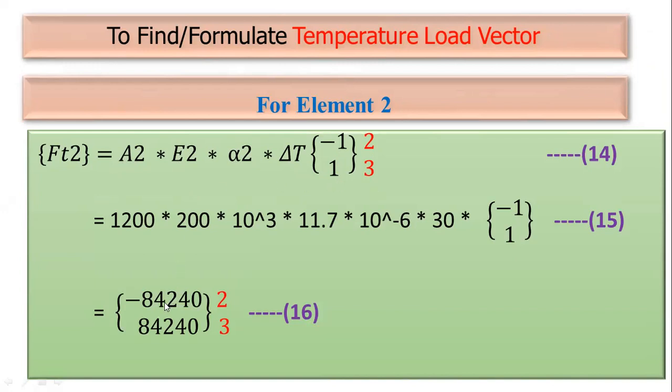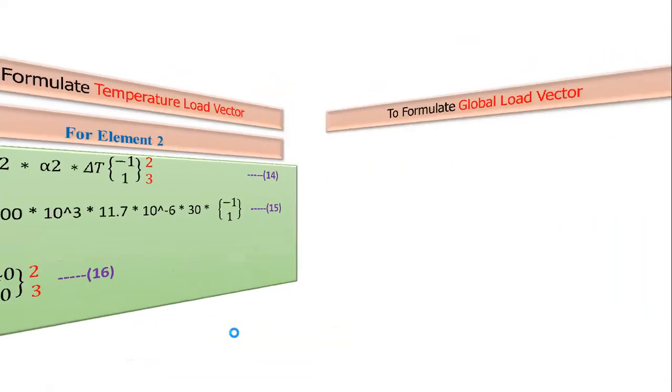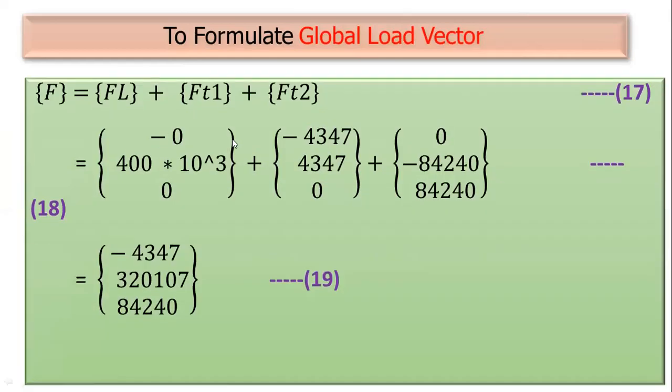After simplifying, we'll get -84240 for the second node, and 84240 for the third node. So actually there are two values for node 2, 4347 and -84240. So in this step, we club all loads on the respective nodes.